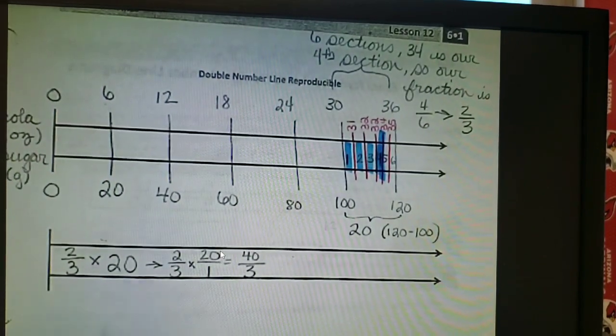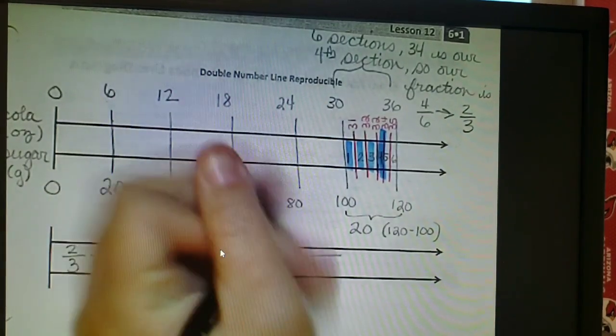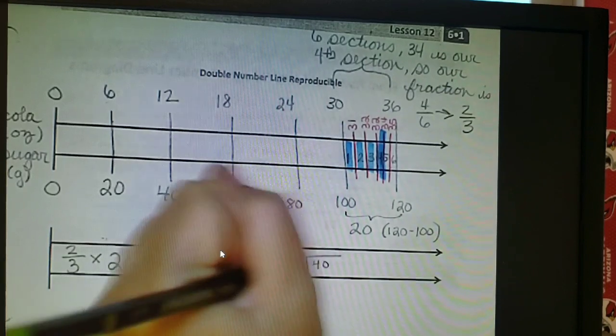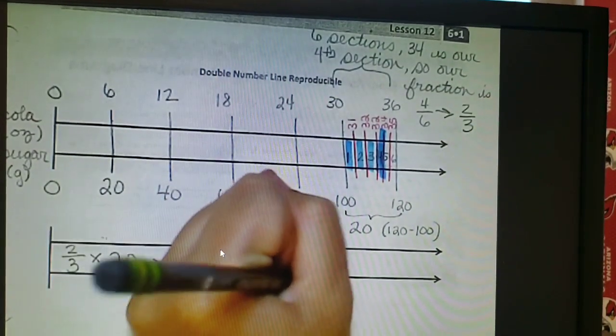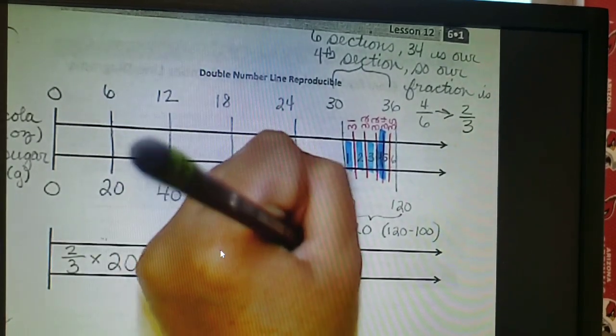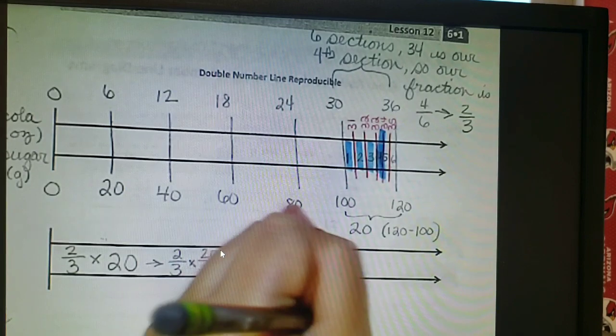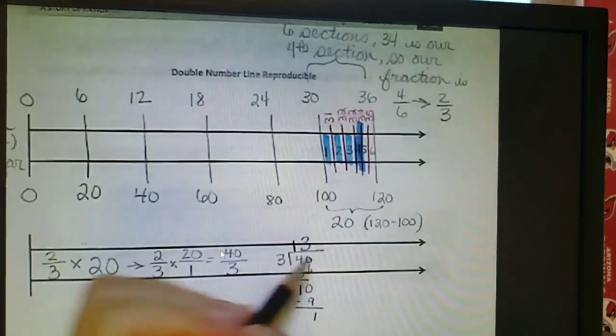That's an improper fraction, so we're going to turn it into a mixed number now. So we are going to take 40 and divide it by 3. It goes in once. Drop that. It's going to go in 3 times. Okay, because we're working in fractions, we get to end in fractions.